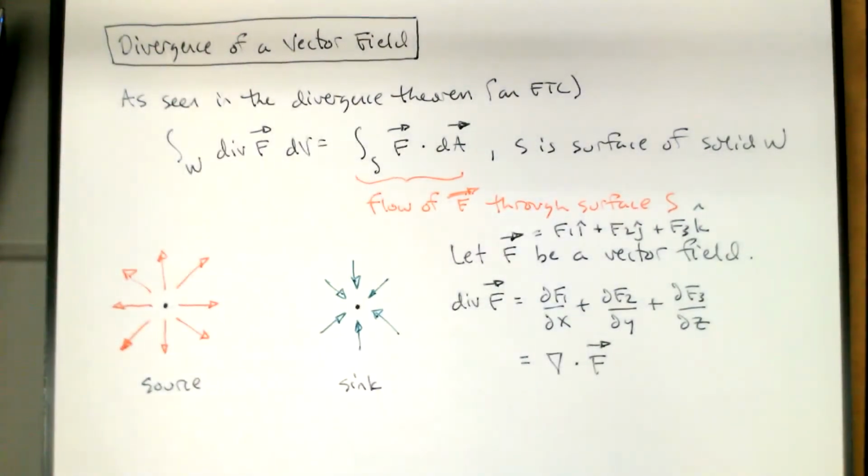It's an upside down triangle. Right side up, we would call it a delta. When we flip it over, we call it the del operator.